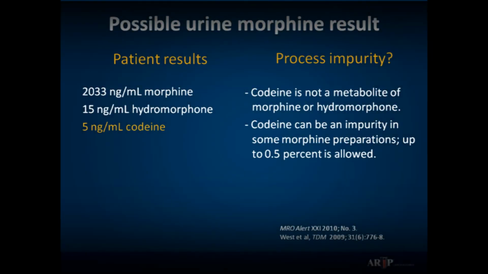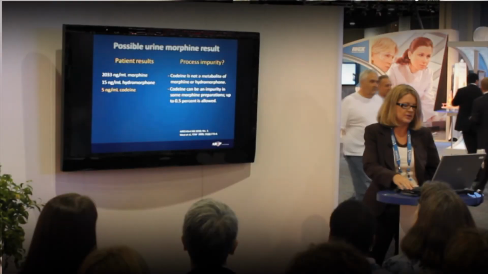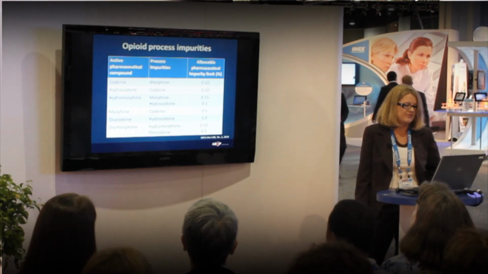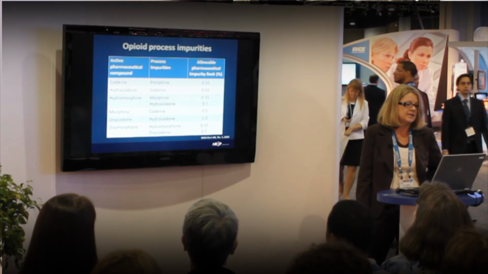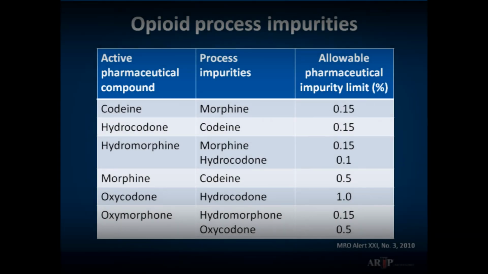So codeine, it turns out, can be an impurity in morphine preparation, so in the drug itself. And according to Medical Review Officer alert, up to 0.5% of morphine may actually be codeine. And these are some examples of other process impurities that exist.